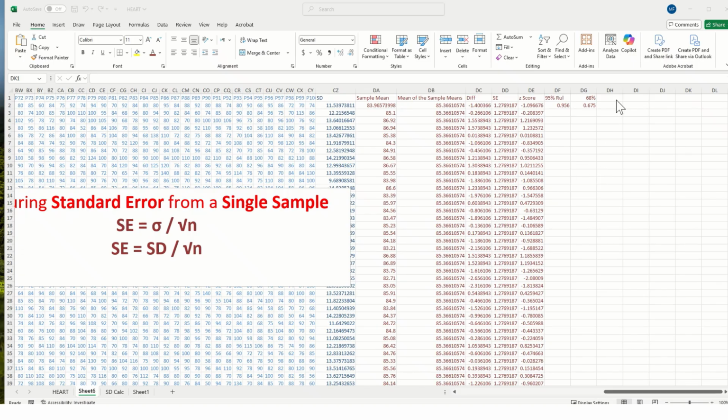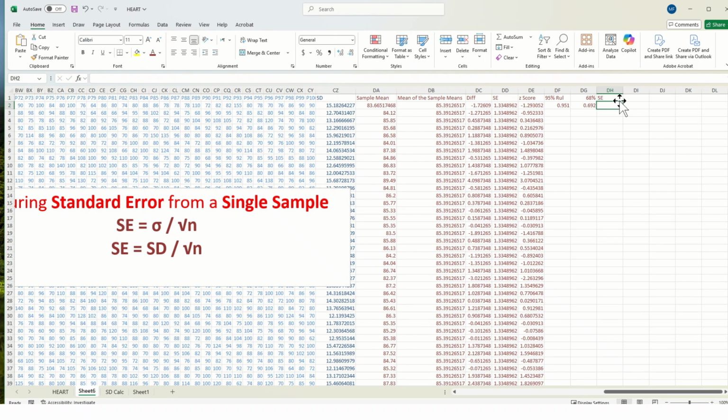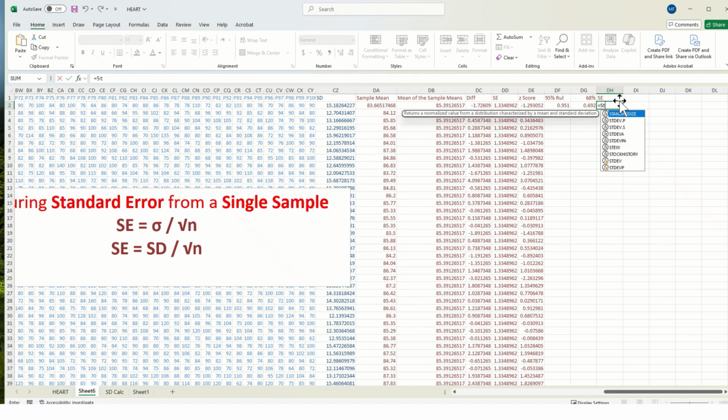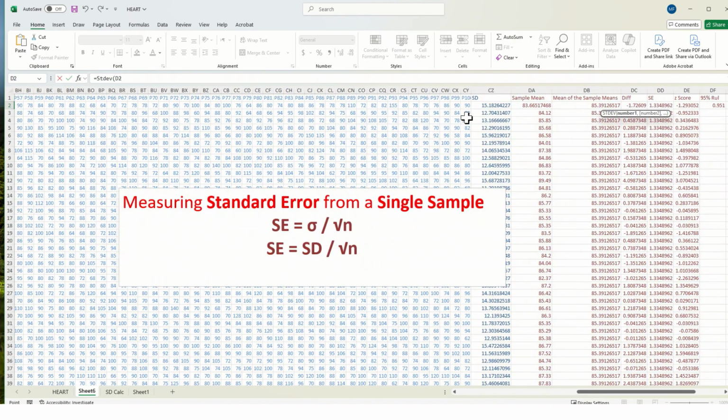Okay, step 1, let's calculate the standard error using the formula which we have on our screen. Standard error is equal to the standard deviation of each sample divided by the square root of n. So standard error equals the standard deviation, which is STDEV, and then I'm going to point and click the whole sample from cell D2 all the way to CY2 and close parentheses.